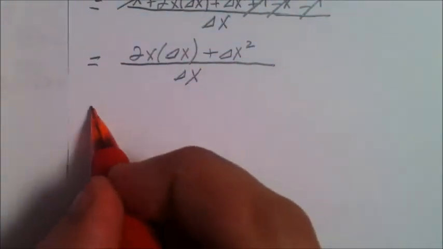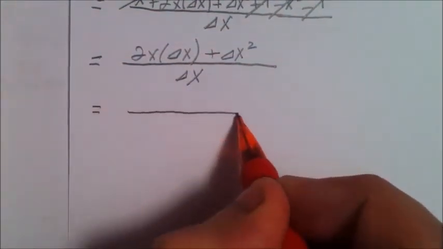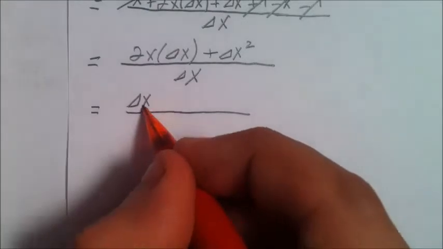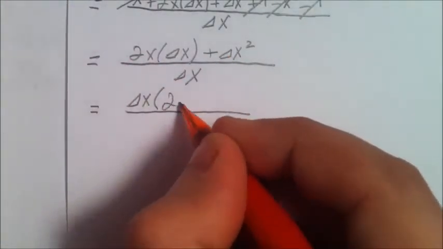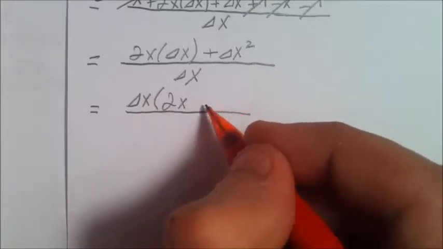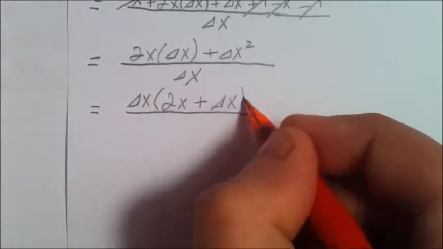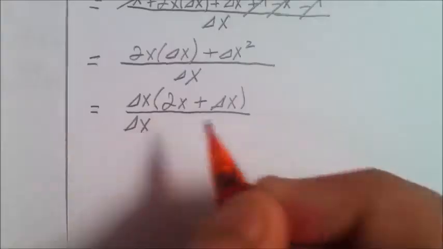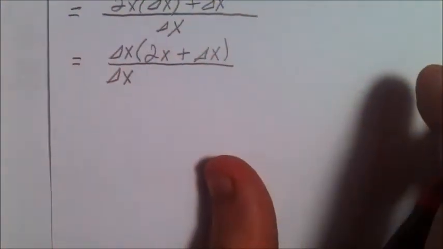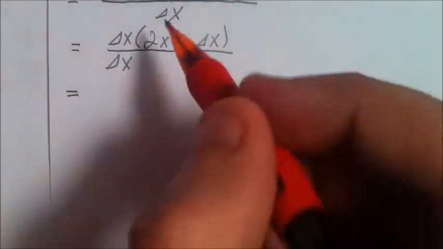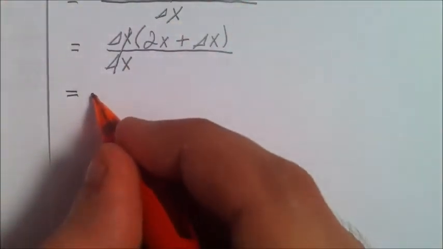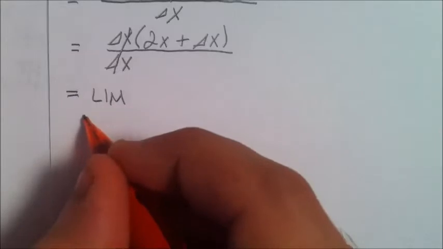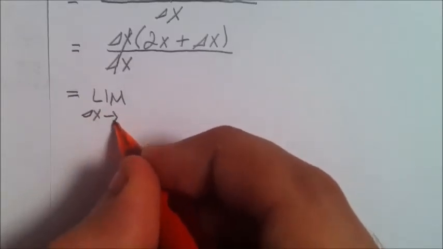And we can further simplify this by pretty much just factoring out a delta x here, since we have 2. So that would condense down into delta x times 2x plus delta x, all divided by delta x. And again, further simplifying, we can just cancel out these delta x's to the point where all we're left with is, again, bringing back my limit.